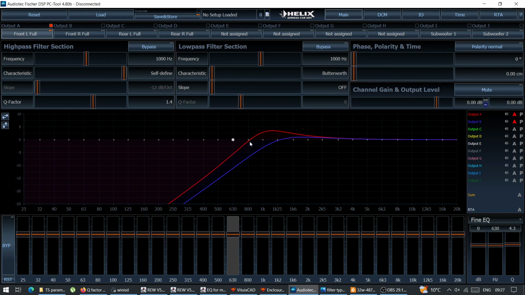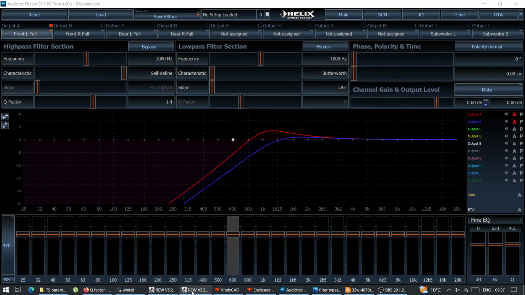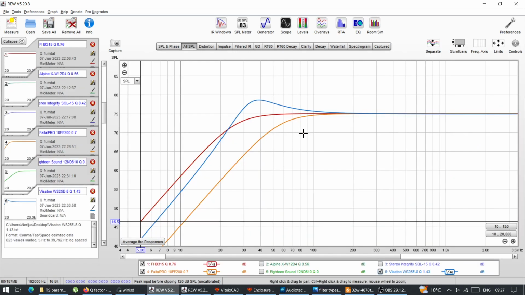But in theory, you can have it. If I exported this red curve into REW, I guarantee it would be exactly the same as this curve. So for me, this was kind of a discovery that for all drivers, Qes, Qts, is the same as a high-pass filter.